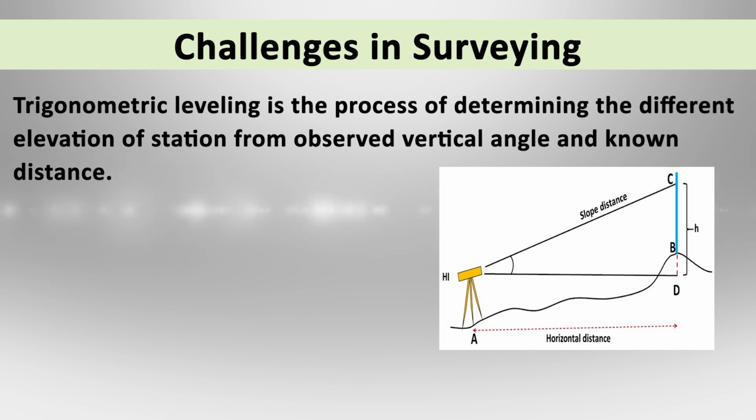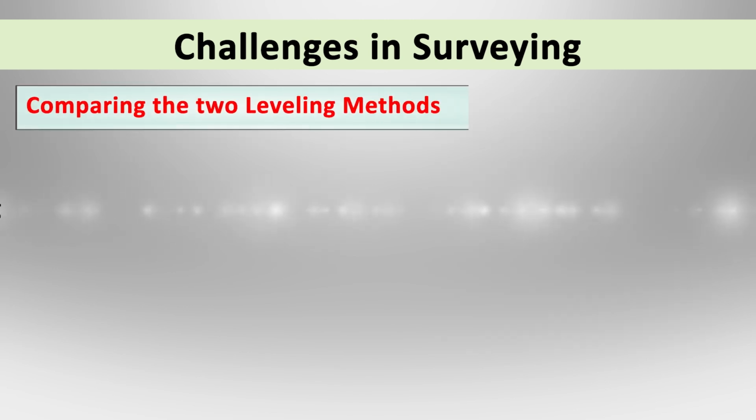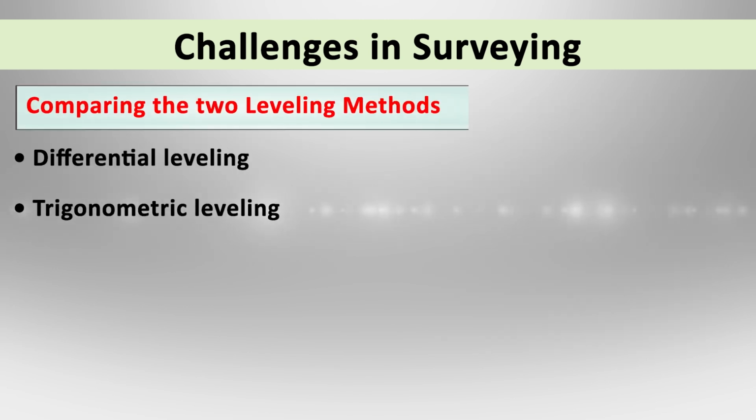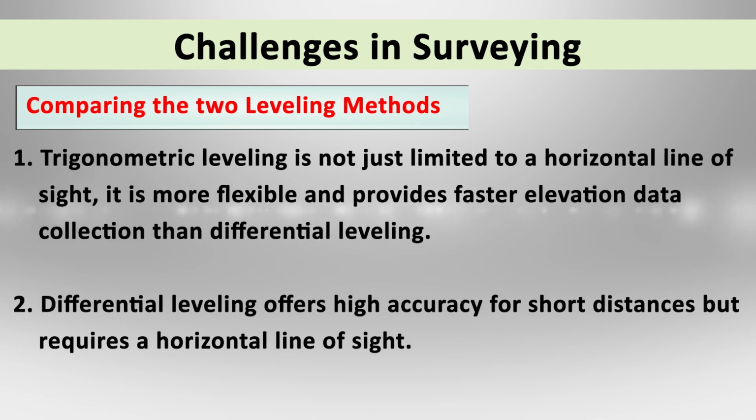Comparing the two methods, that is differential leveling and trigonometric leveling, both methods have their own merits and disadvantages. The choice of method depends on the specific project requirement, because trigonometric leveling is not limited to a horizontal line of sight. It is more flexible and provides faster elevation data calculation and collection as compared to differential leveling.